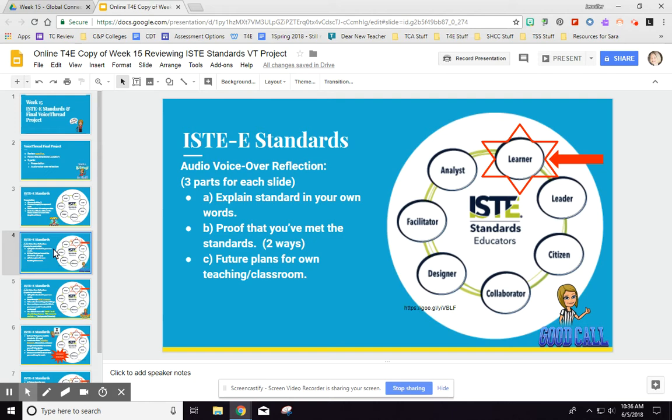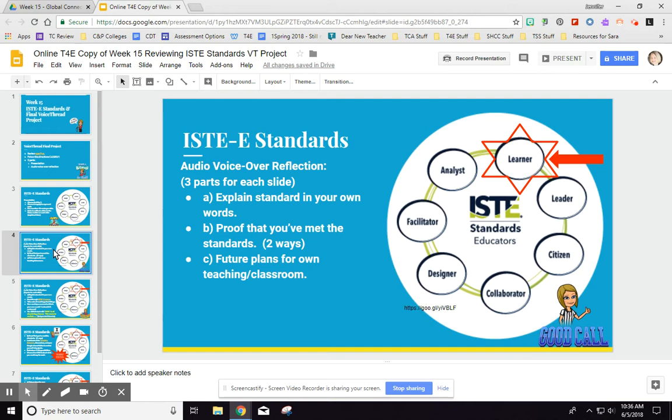On the audio voiceover, you're going to reflect, and you're going to have 3 parts on each slide. So the very first part, for ISTE 1, let's just go to that example. You're going to explain the standard in your own words, which means you are not going to just read what the ISTE says that standard is about.